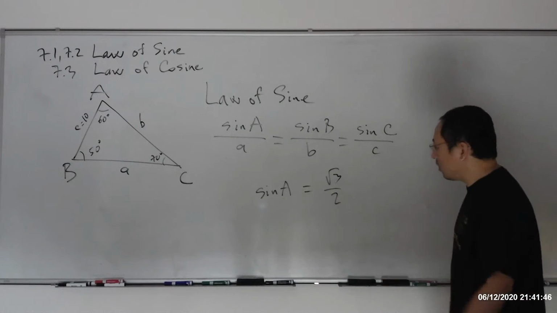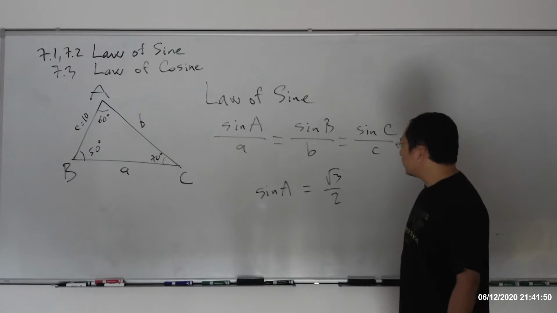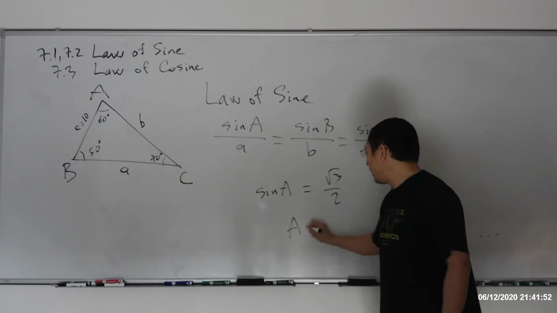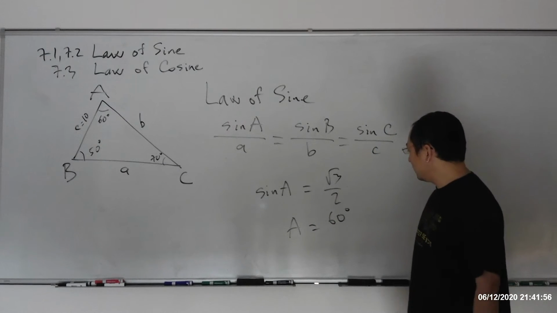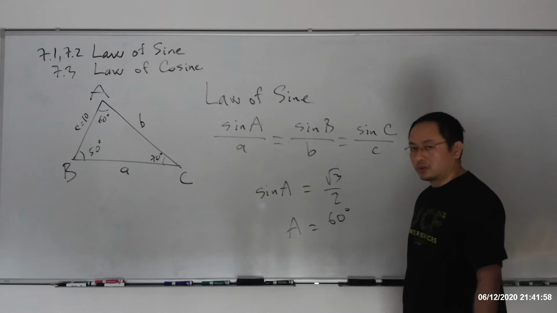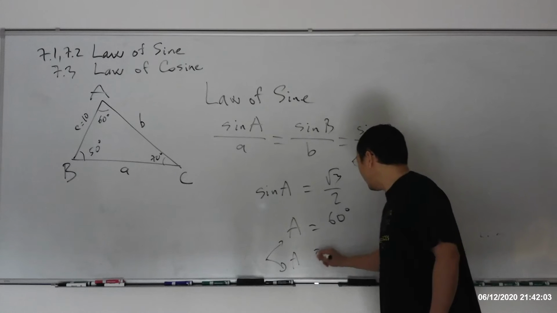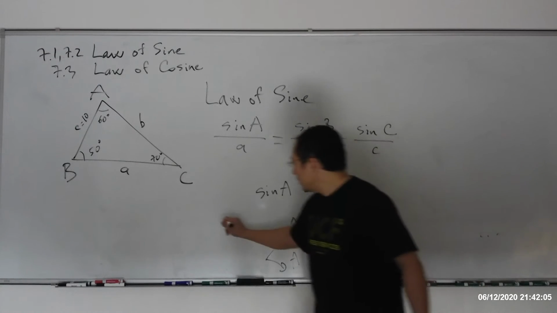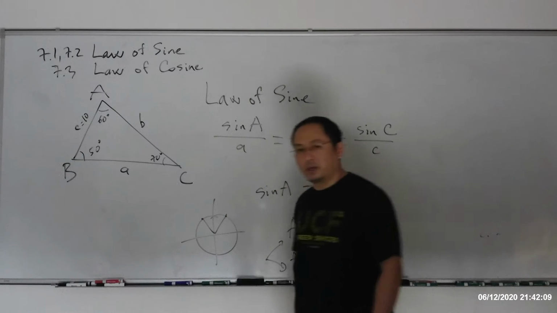You may have more than one solution. Why? You ask yourself, what angle makes sine A equal to root 3 over 2? You may have right away that A equal to 60 degrees. However, this is not the only angle that gives you sine equal to root 3 over 2. You have another solution. A could be equal to 120 degrees. 60 degrees right here, 120 degrees right here.